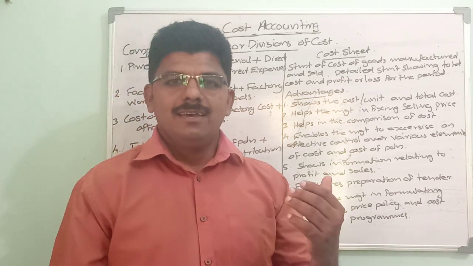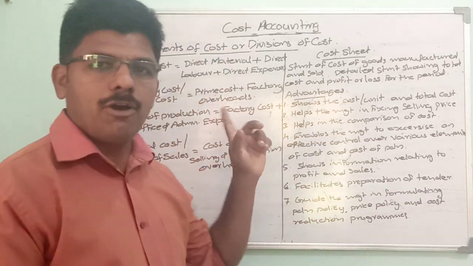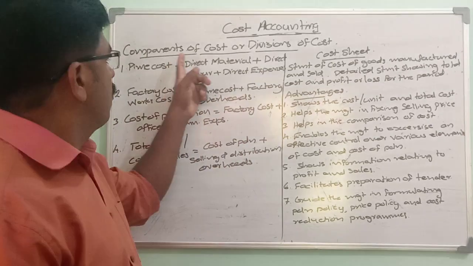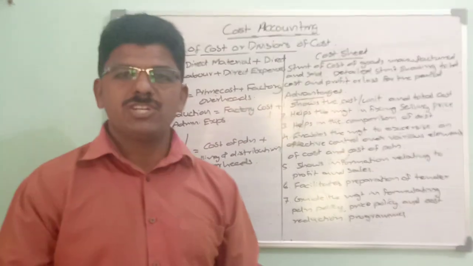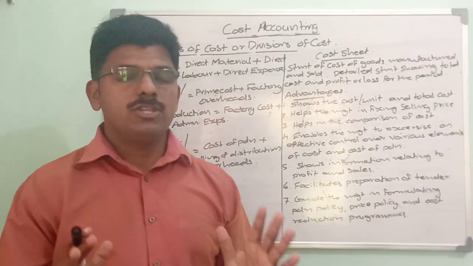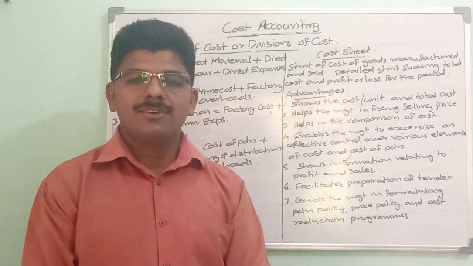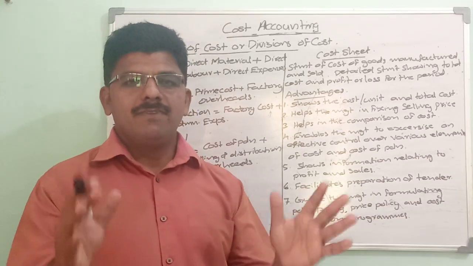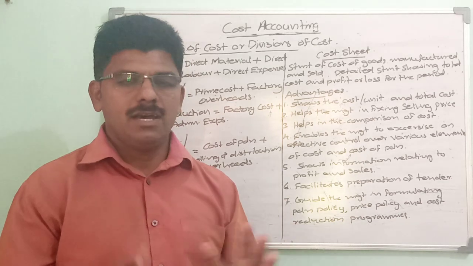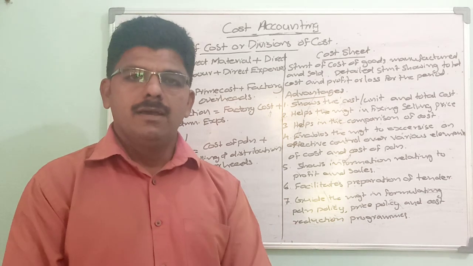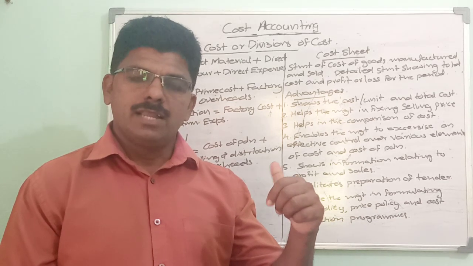Okay, let us have a discussion of a new topic called components of cost or divisions of cost. What are these components, and how are they different from the previous classification and elements?